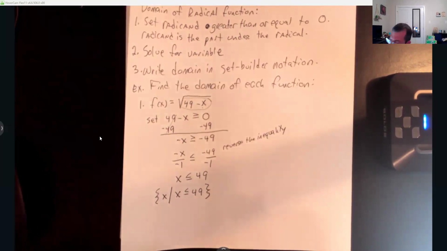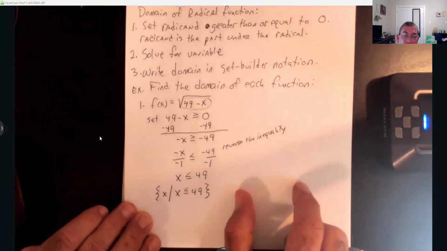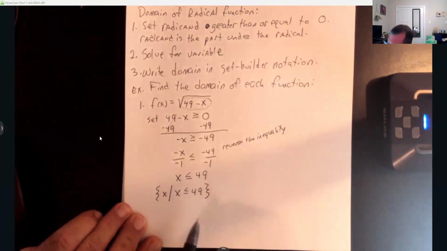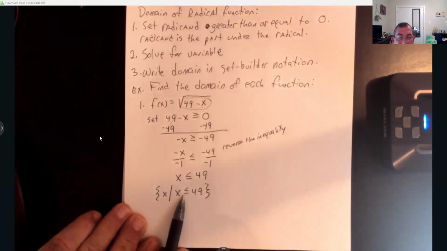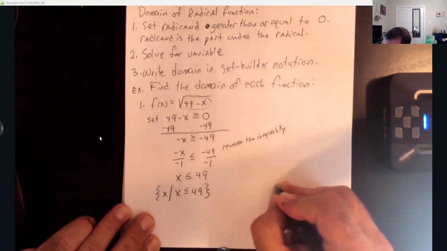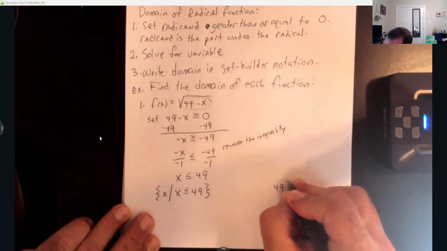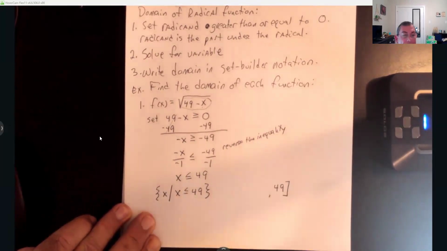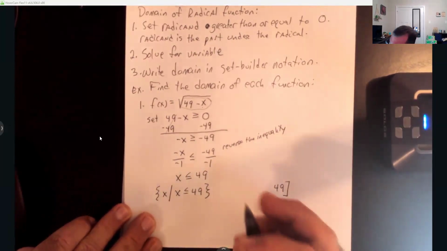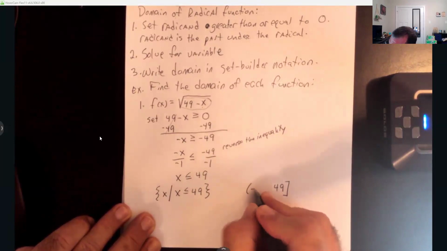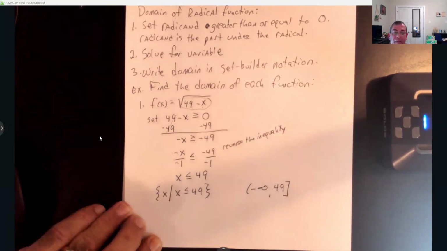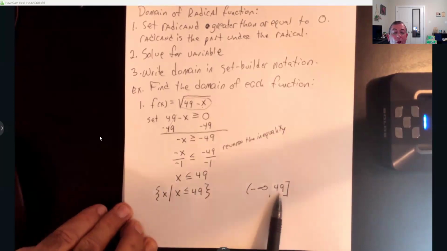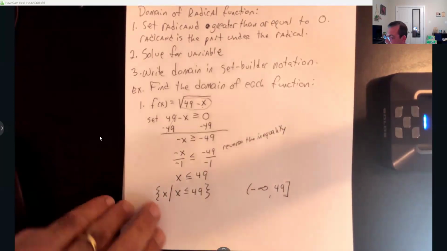Now, if this was in interval notation, I'm just going to show you to get you good at interval notation. But if this was interval notation, x is less than or equal to 49, that means 49 would be in a bracket on the right side of it. And if you're less than, that means you would be coming in from negative infinity, okay? So your less thans are going to start at negative infinity and go to that number.